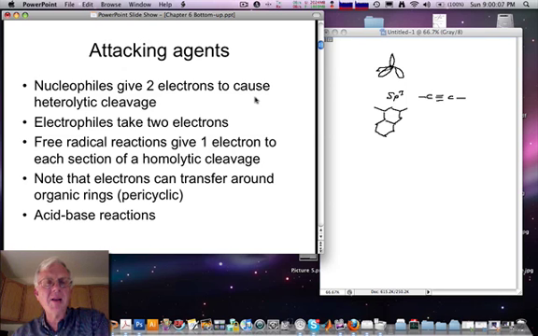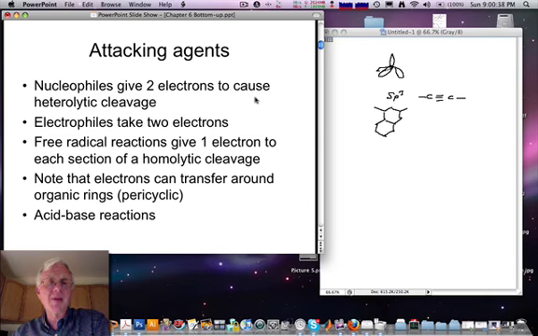Conversely, electrophiles are segments of molecules that have unfilled states that are low in energy and like to take two electrons. And the usual result of these processes is to cause bonds to break and reform. There are reactions in which single electrons can be donated. These are called free radical reactions, but free radicals are unstable, and so they usually proceed to another step.